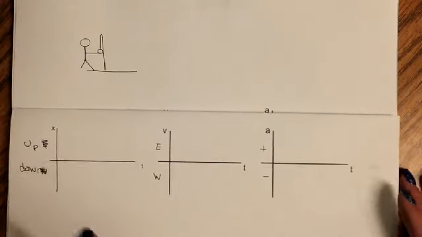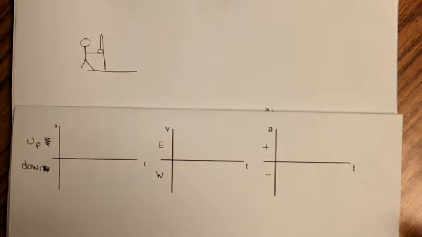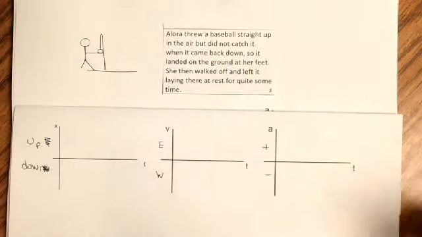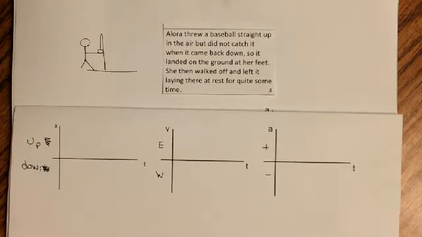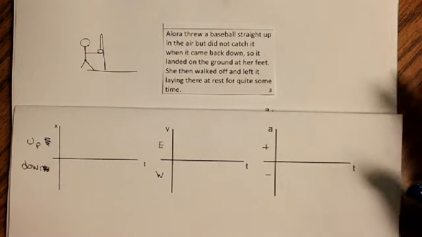Okay, so now we have Laura, and she threw the ball up, but she failed to catch it, so it landed on the ground. So read your scenario and sketch your graphs.